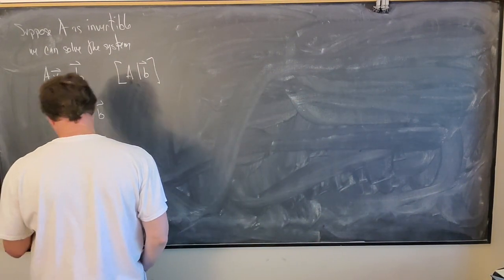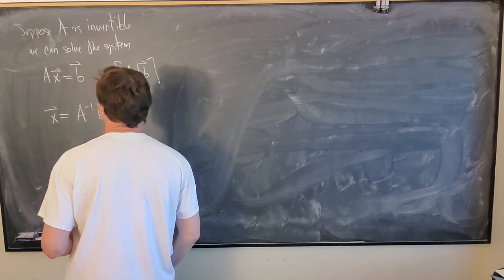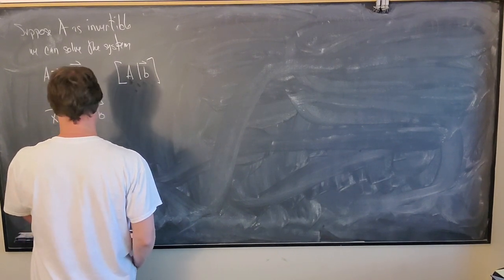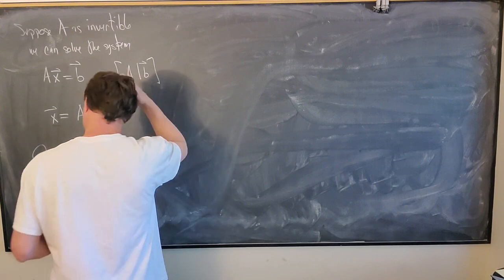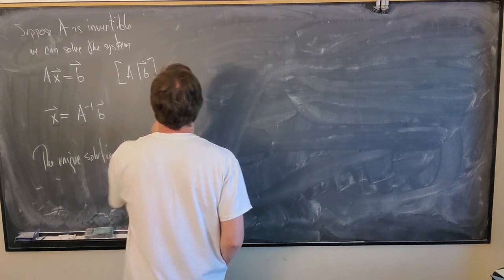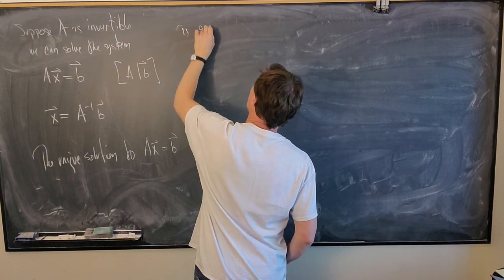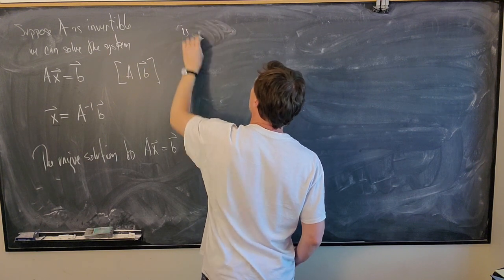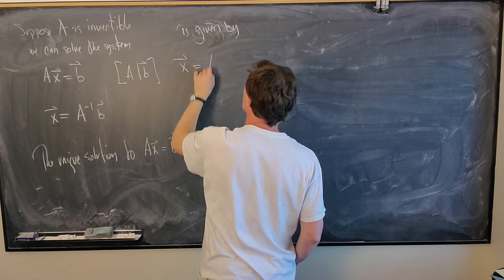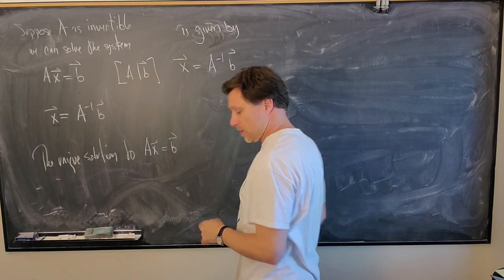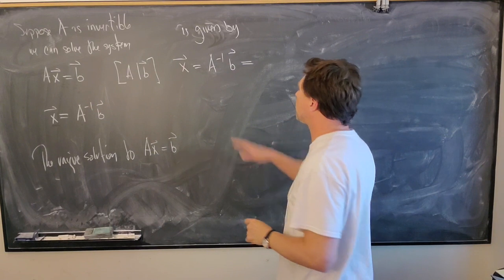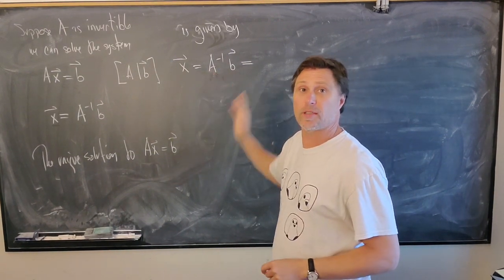So let me say this a little more precisely. The unique solution to the system AX equals B is given by X equals A inverse times B. And remember, we learned last time that we can compute the inverse of A using this adjoint method, right?